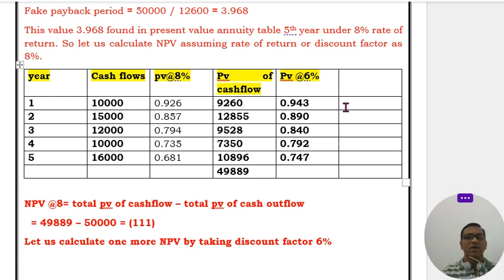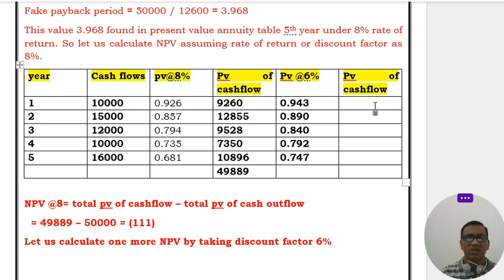The tables are the same. So at 6% I took these, and now the PV of cash flow. How will I get the PV of cash flow? Cash flow multiplied by PV at the rate of 6%.